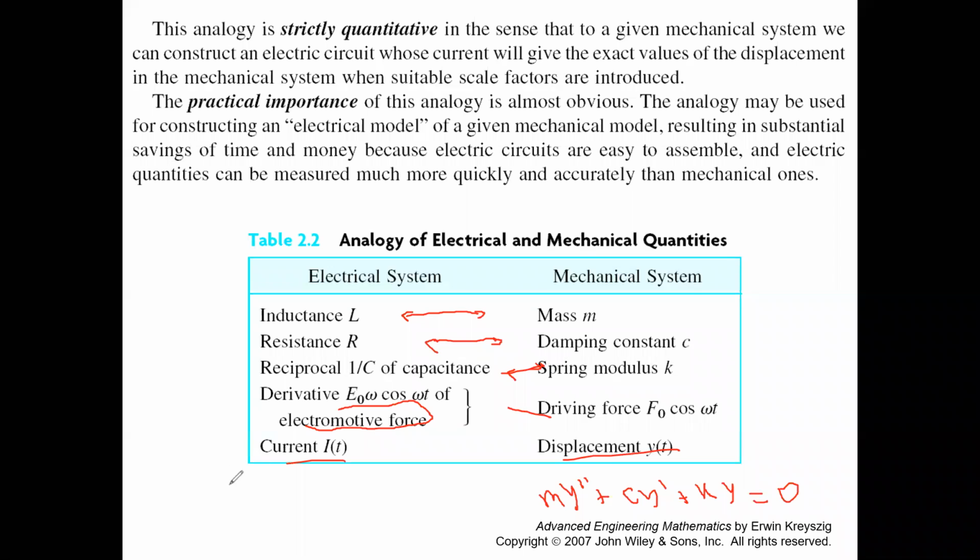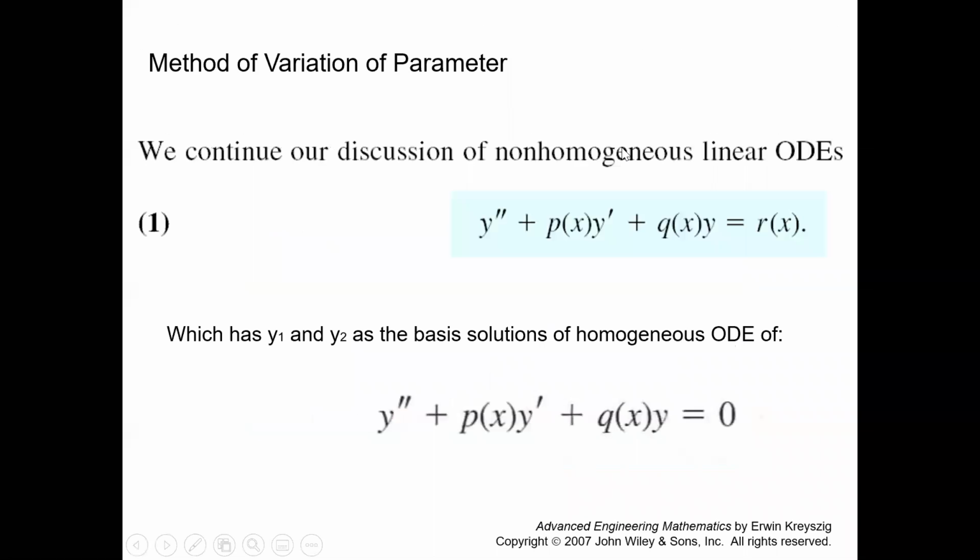On the electrical system, you usually have L I double accent plus R I accent plus C times I equal to 0. So they are analogous. If you want to find the current at any given time, you are also able to utilize the method that we have discussed. Okay, so this is another method.